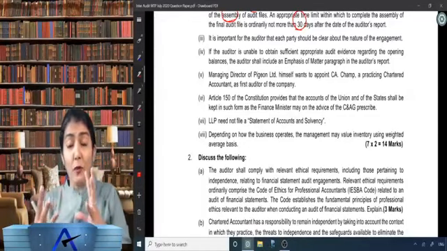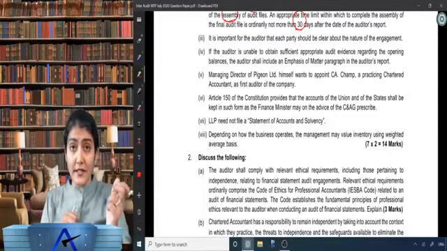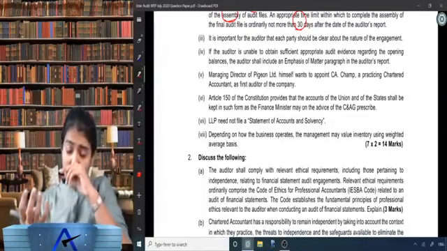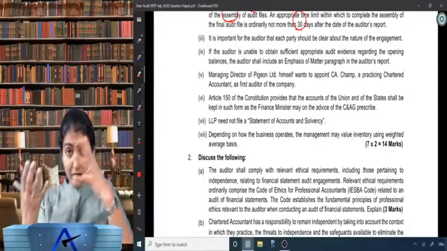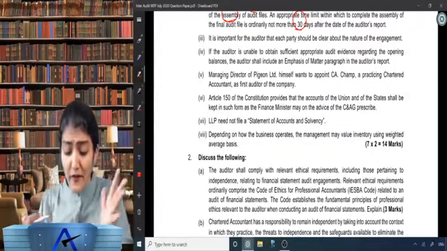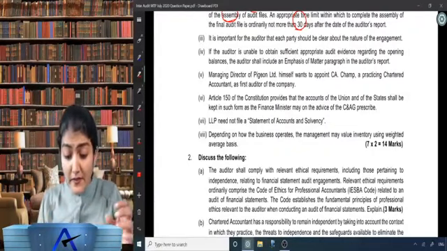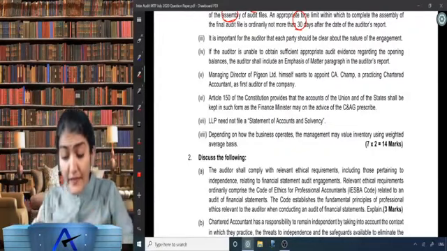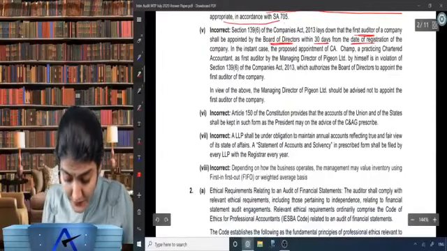Anything related to government accounts, always who looks into it? The President. Who appoints the CAG also? The President of India. So no finance minister. So again incorrect, it is by the President.